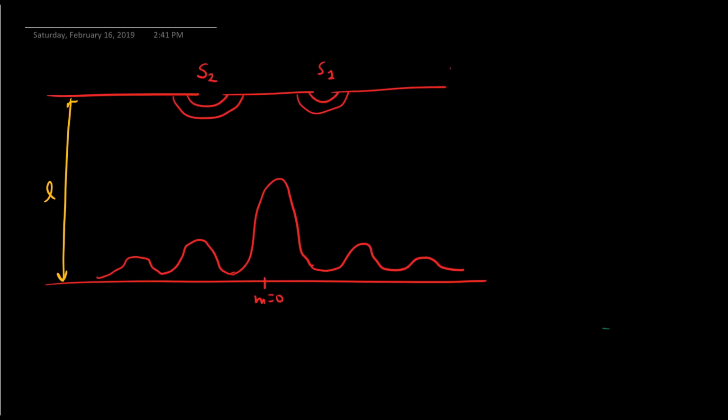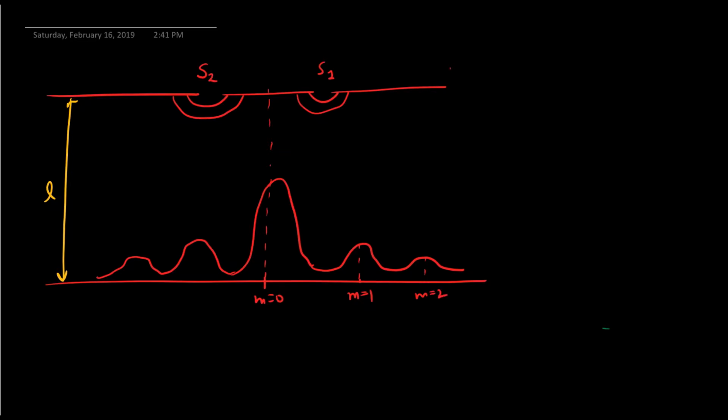So I'm not exactly an artist here, but we see here that at m equals 0, we have a central maxima. Therefore, every corresponding integer will correspond to some intensity maxima.